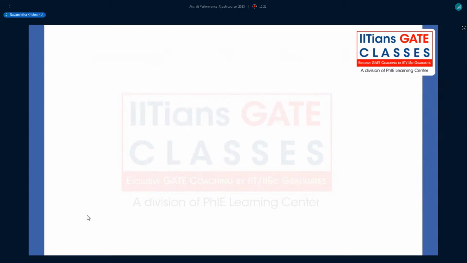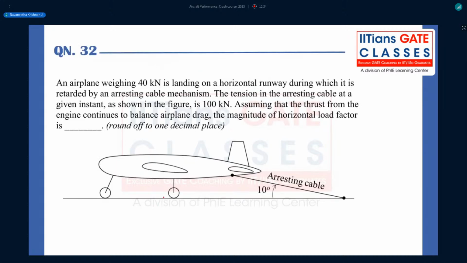If you see, the aircraft is like this. It is landing on a horizontal runway, and there is a tension cable.